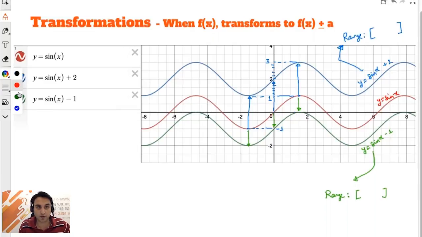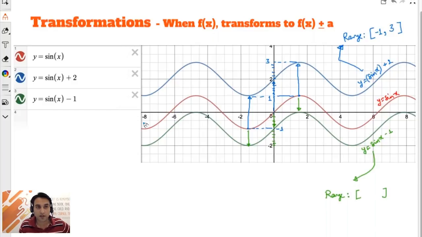Write it yourself. This blue shaded area is the range of sine x plus 2. The minimum value is 1 and the maximum value is 3.